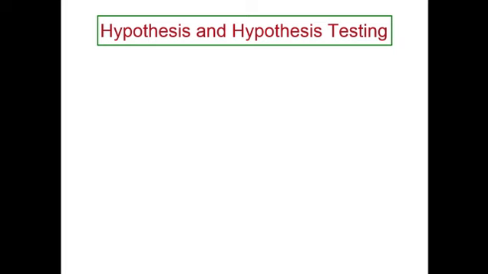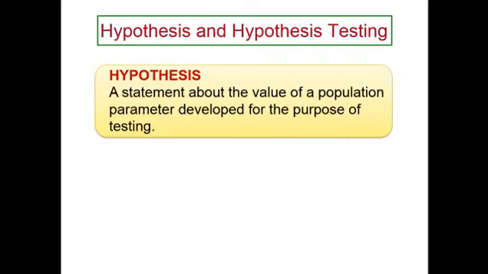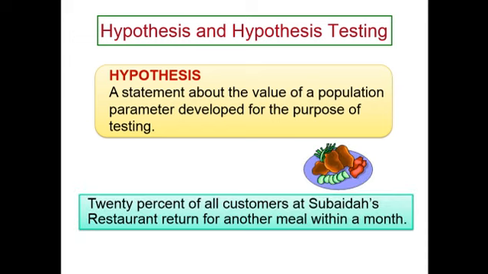Hypothesis and hypothesis testing. A hypothesis actually is a statement about the value of a population parameter developed for the purpose of testing. So you have to write your hypothesis. The hypothesis must be related to a value of a population parameter, and we need to test the hypothesis.